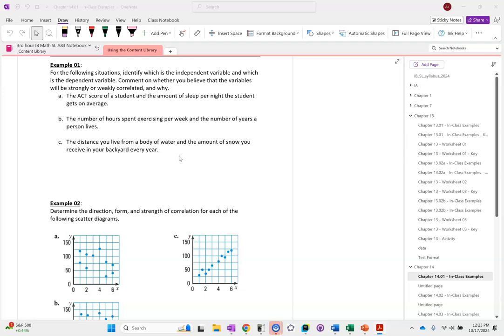Think about people who live in Hawaii or on the California coast, right? What's a much better predictor of the amount of snow you're going to have? Your latitude, right? Your relative latitude, or maybe even elevation, the combination of the two.